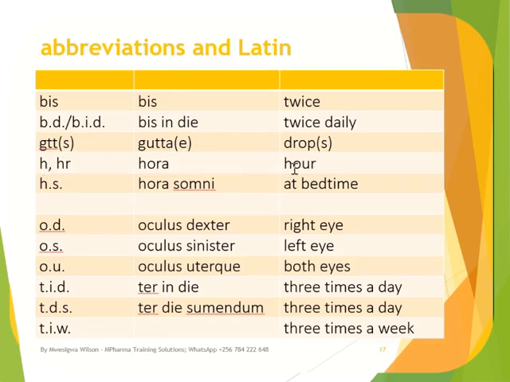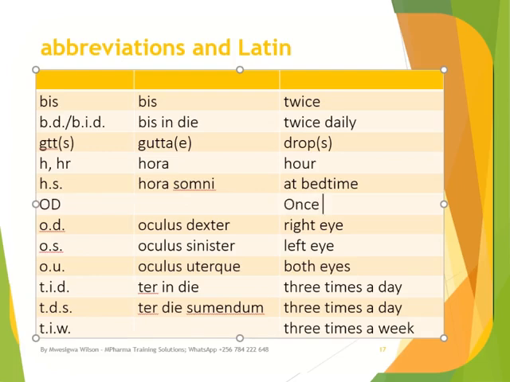H, of course, can be an abbreviation of the English hour. HS, at bedtime, but this is the Latin meaning. However, we have this one, OD, meaning right eye. It is usually confused with this other OD, which is just gotten from English and means once daily.